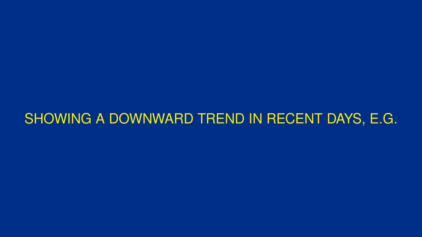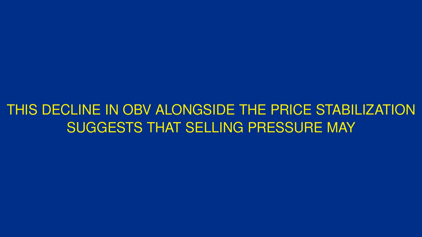The OBV is at 690,267,172, showing a downward trend in recent days, e.g., 652,066,296 on May 30. This decline in OBV alongside the price stabilization suggests that selling pressure may be easing, but there is no strong buying interest yet.